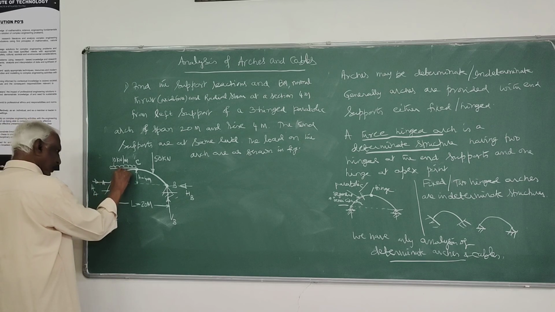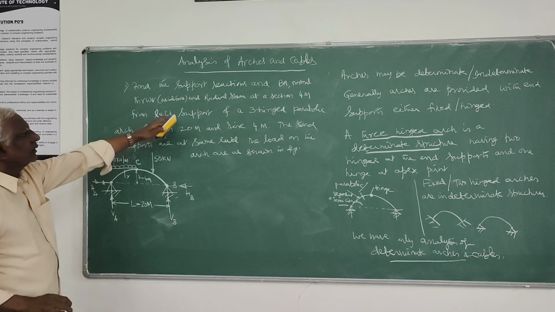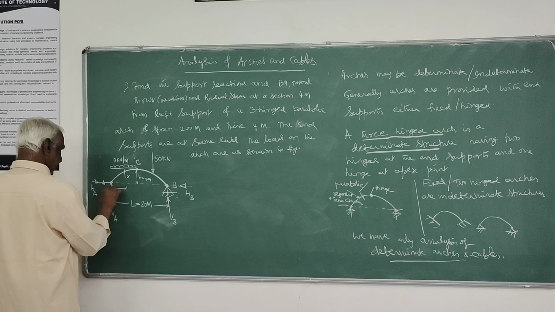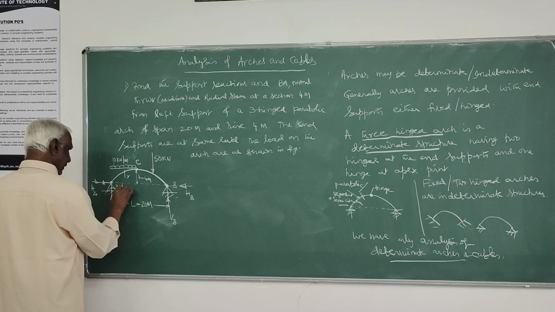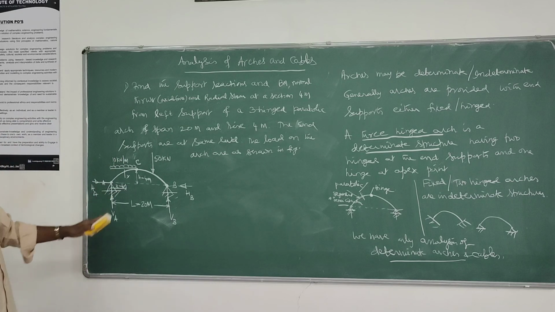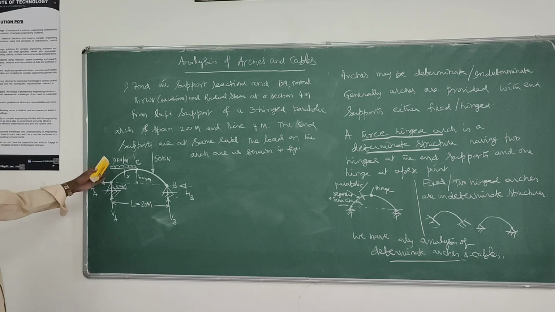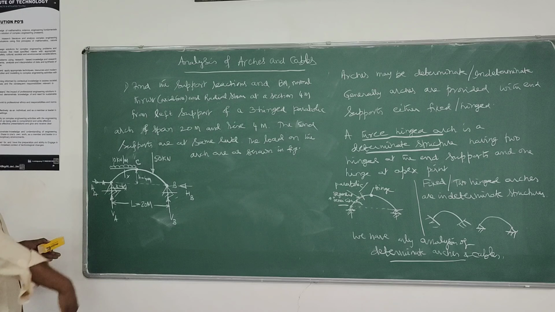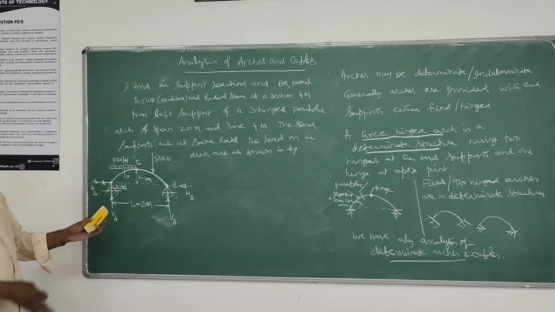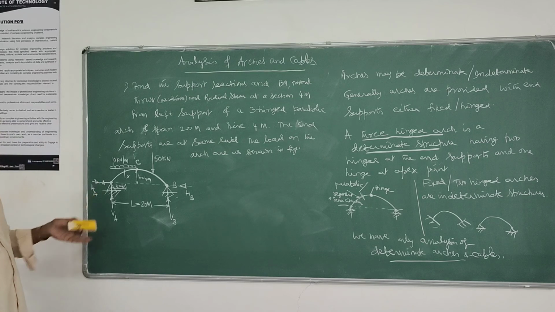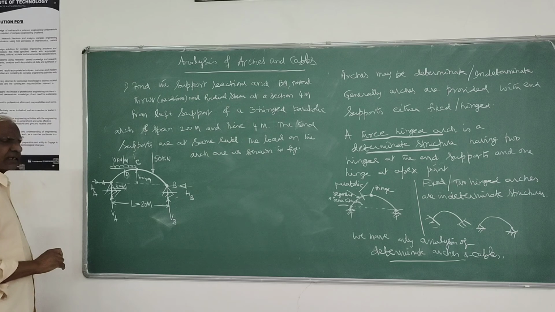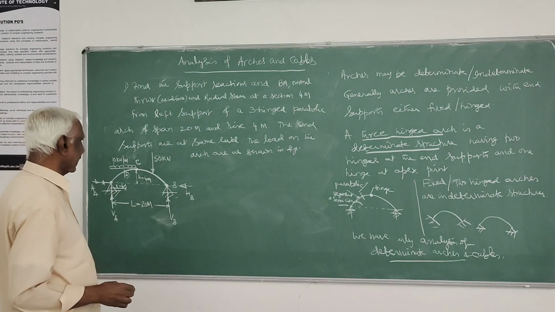As well as you have to find out at a section 4 meters from left end, that is here, x is equal to 4 meters from left end, what are the forces in the arch, that is bending moment, axial force or normal thrust, and radial shear, that is normal to that axis, whatever forces are acting, you have to determine. This I will call as D point, section D.